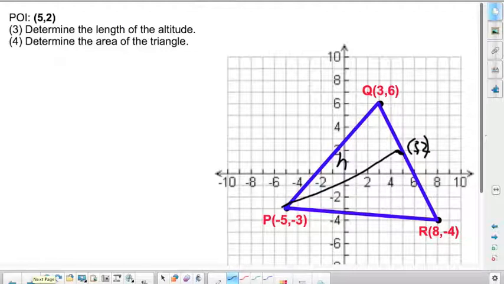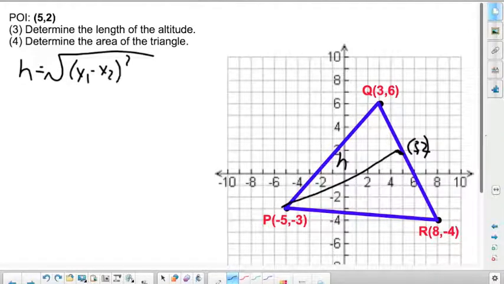This part now is the easy part, right? All that work just to get to the easy part. So h is equal to the square root of (x1 minus x2) squared plus (y1 minus y2) squared.